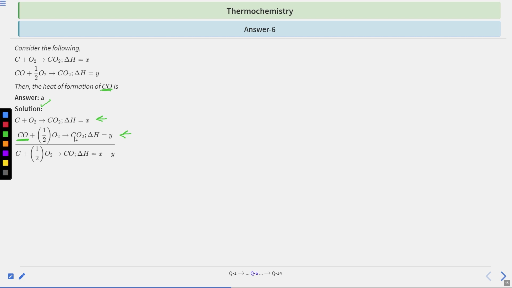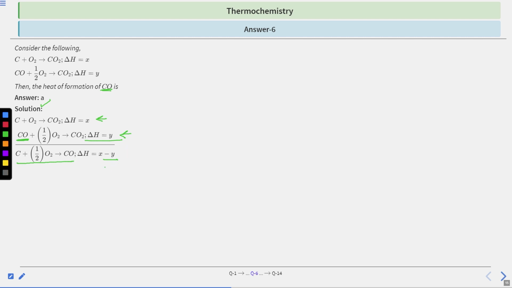So we have to reverse this reaction, and if we reverse it, its enthalpy change will also be reversed, so Y will become minus Y. Then after adding these two equations, carbon plus O2, and then half of O2 remaining, and on this side only CO will remain.